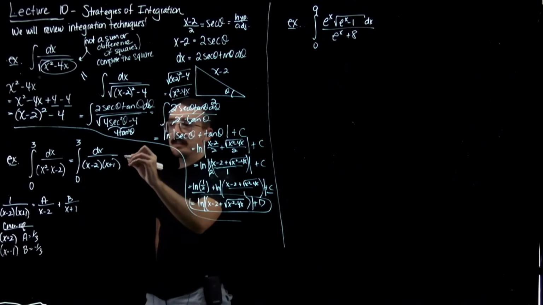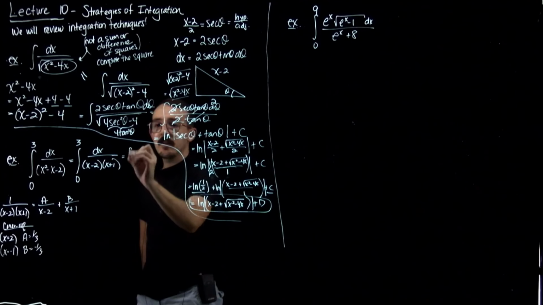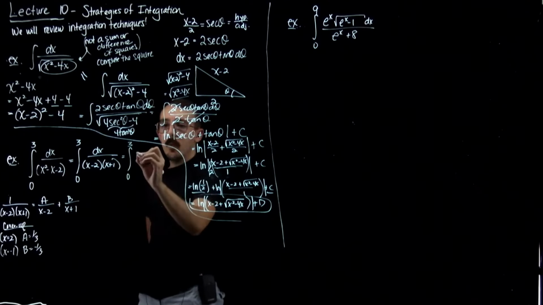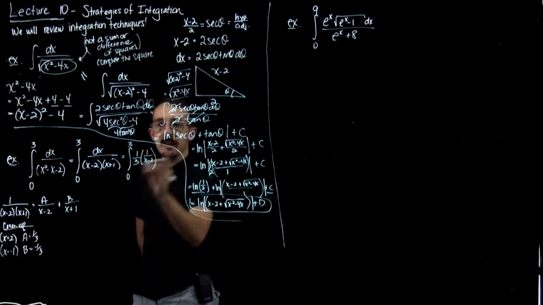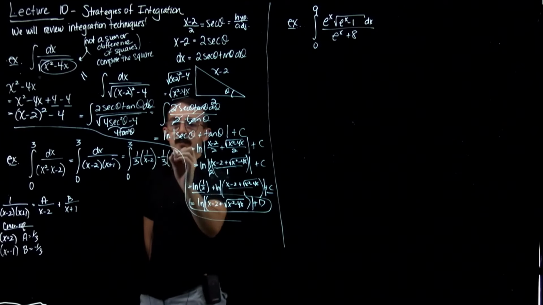So then what happens to this integral is you get the integral from 0 to 3, and it's going to be 1 over 3 times 1 over x minus 2, and then minus 1 over 3 times 1 over x plus 1.